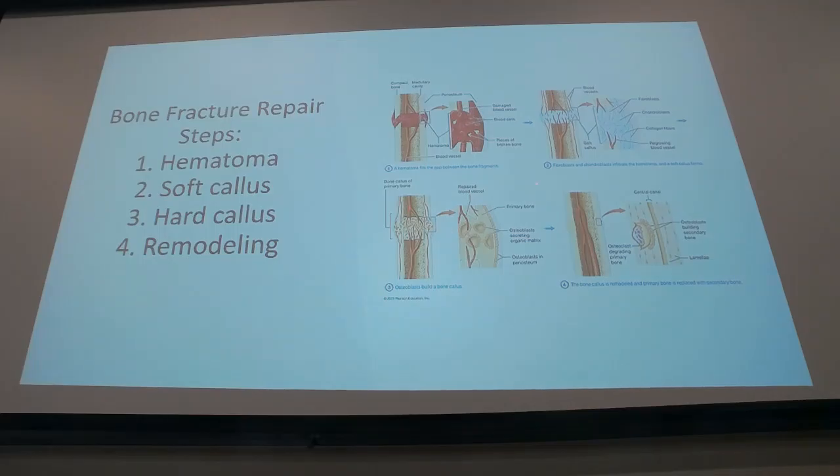So you will replace this chondroblast for osteoblast. And the osteoblasts will mature and form these osteocytes, which is going to be the last maturation step of the cells. And you will have bridging of these two pieces of bone by new bone, and then you have to remodel. So you have osteoclasts removing the excess of tissue.